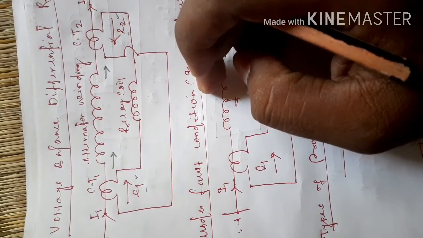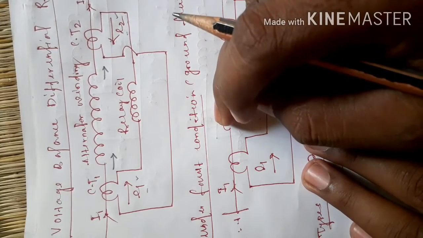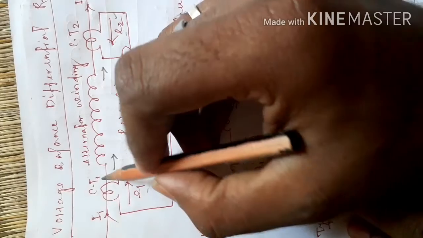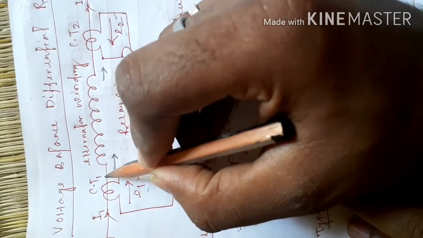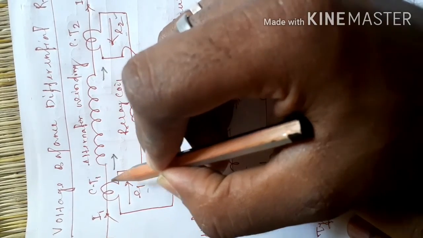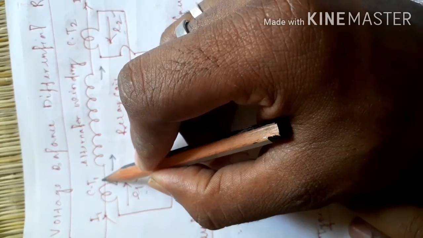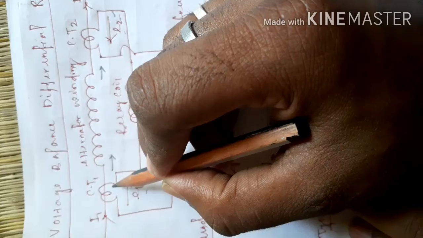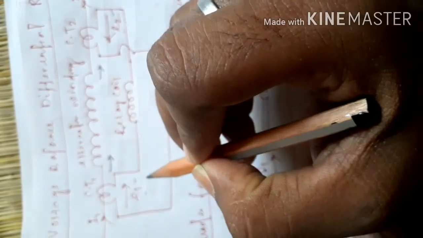Then the CT secondaries show equal readings, meaning CT1 and CT2 secondary sides show an equal amount of current.